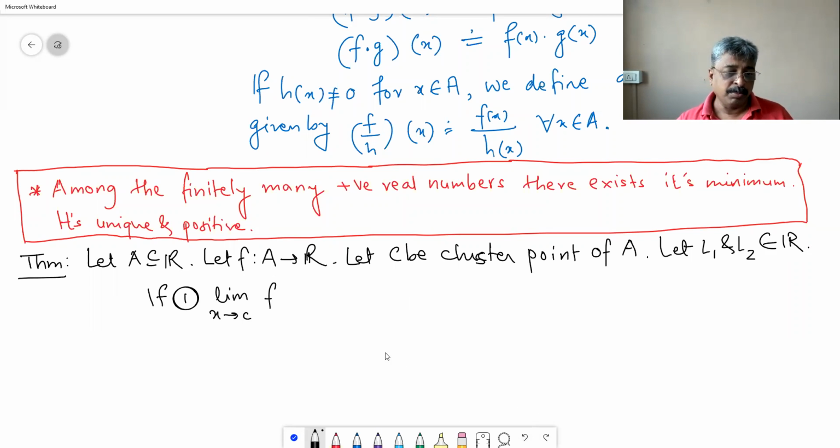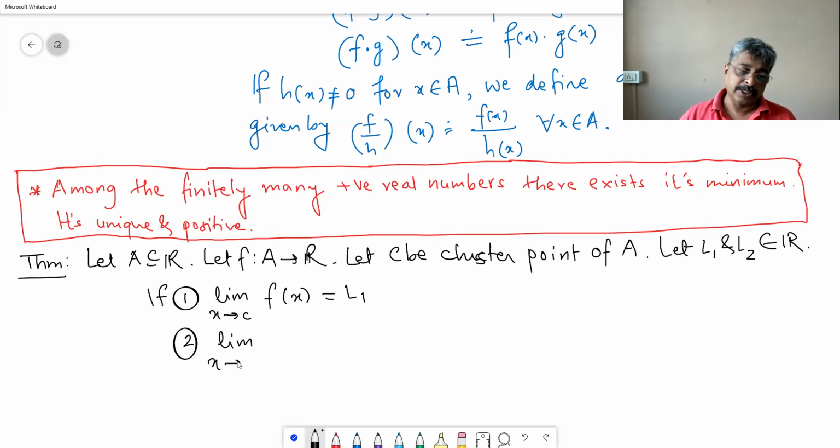This is not addition, but maybe a theorem before that. If the limit as x tends to C of f of x is equal to L1, and the limit as x tends to C of f of x is L2, then what should be the result of this theorem?